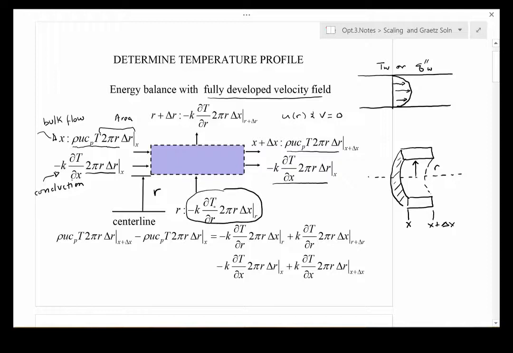Again, we see the heat flux minus k dT/dr multiplying this area element 2 pi r delta x. That is this interior surface area: 2 pi r, the perimeter of this control volume, times delta x, that thickness. And of course we have the same conductive type term at r plus delta r.